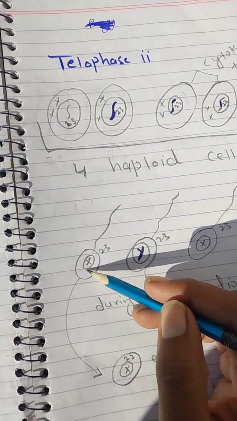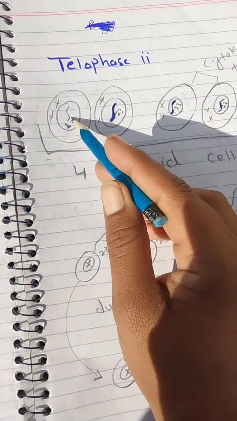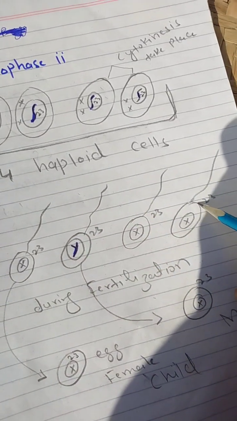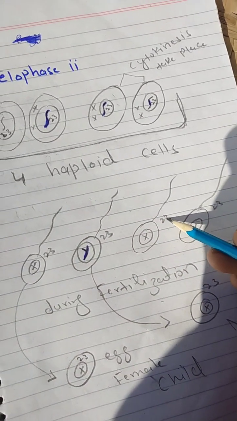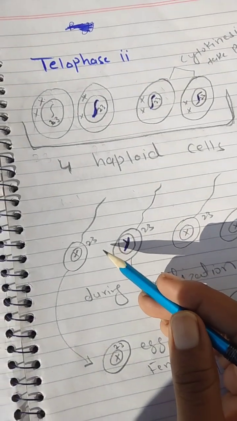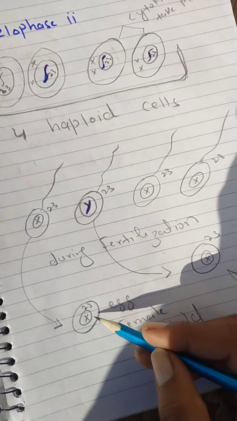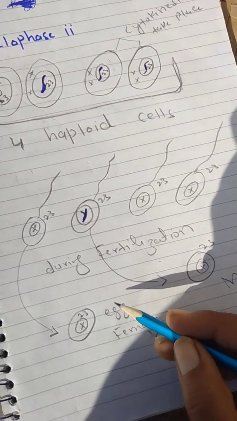When this cell becomes mature, it has 23 chromosomes, which during fertilization attach with the 23 chromosomes of the egg.